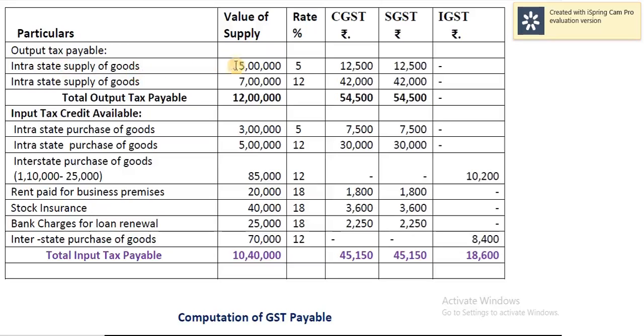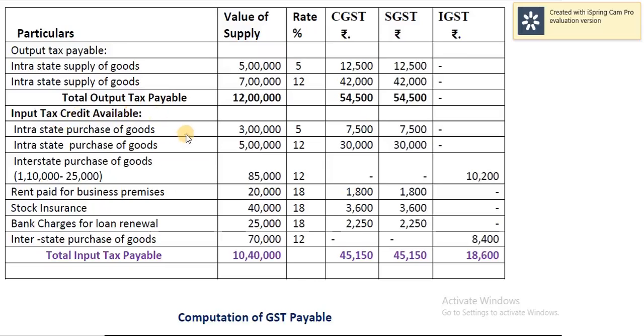Intrastate supply of goods, already I told you, 5% each on 5 lakh. Intrastate supply of goods, once again 6% each on 7 lakh. The total is 54,500 CGST, 54,500 SGST. No IGST.